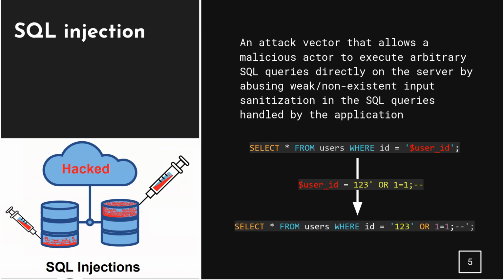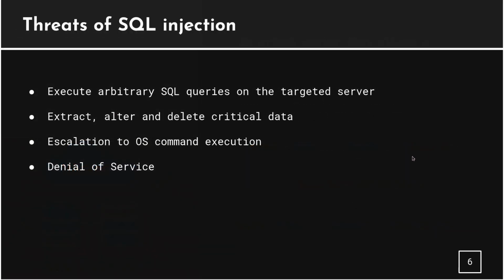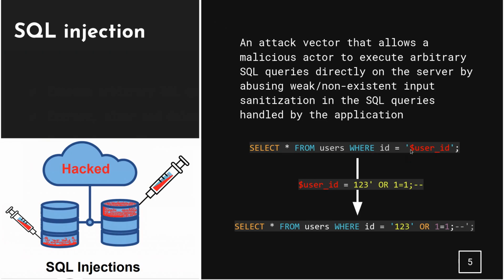In this example, we start with a select statement, since it's the statement used for retrieving data. So we want to select everything, just like we saw before, with the star. Basically all columns or attributes from the users table where ID is equal to, and here we have $userID. The reason why it's in red like this is just to highlight that it's actually user input.